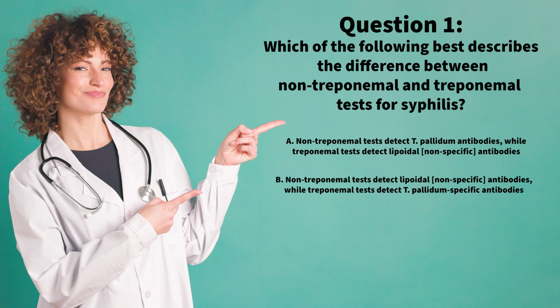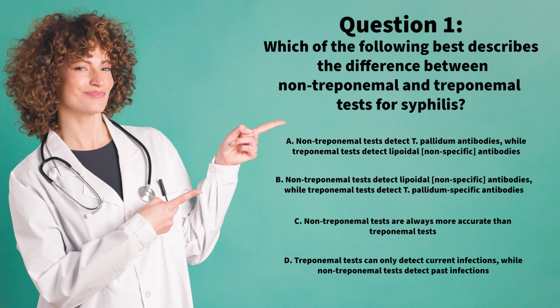B. Non-treponemal tests detect lipoidal or nonspecific antibodies, while treponemal tests detect T. pallidum specific antibodies. C. Non-treponemal tests are always more accurate than treponemal tests. D. Treponemal tests can only detect current infections, while non-treponemal tests detect past infections.